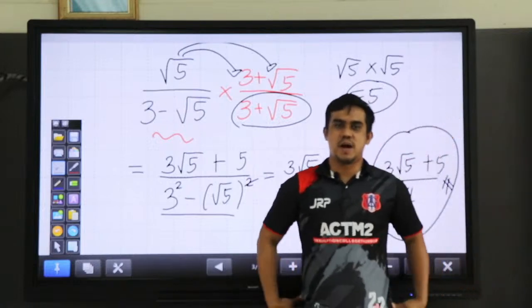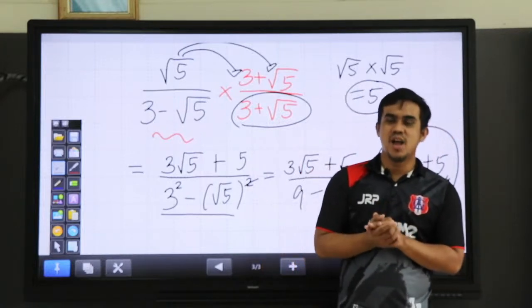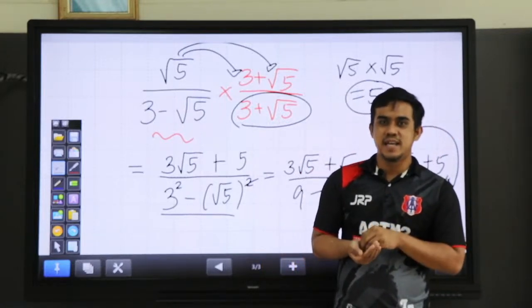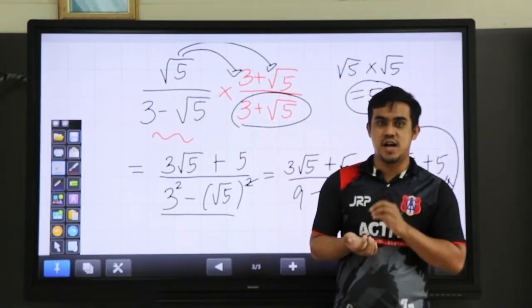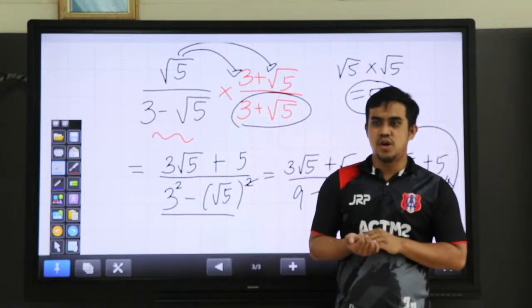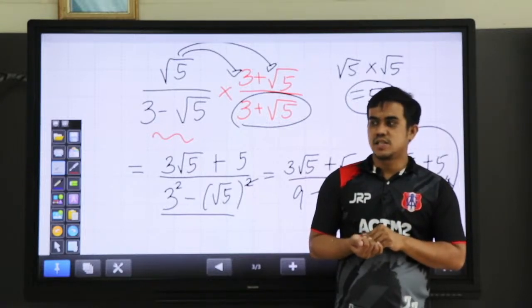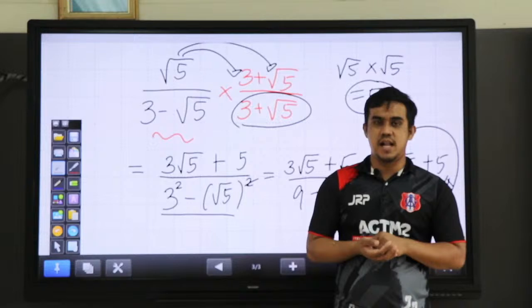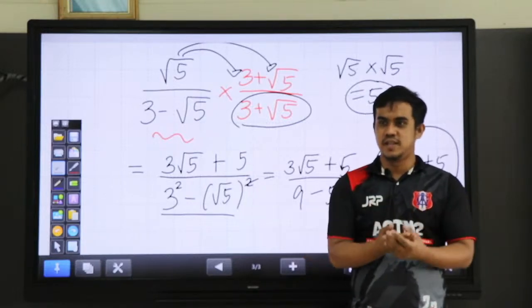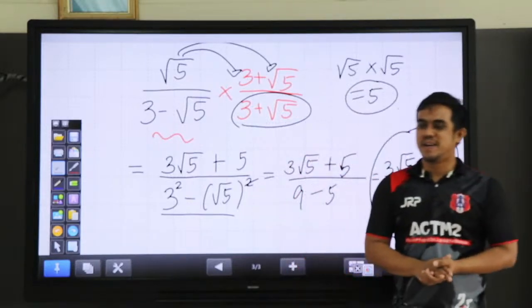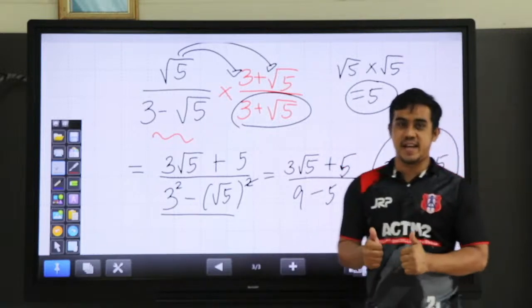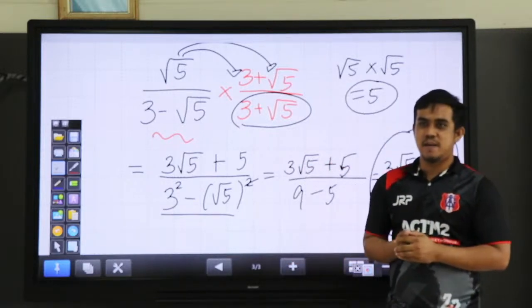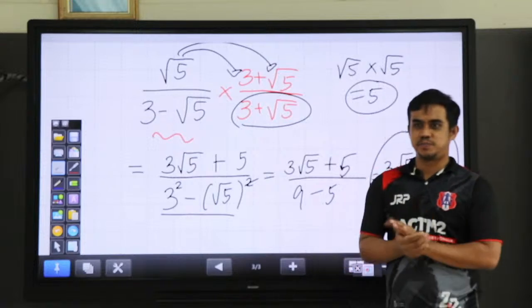Okay, number 1 question: what would you multiply square root of x by so that it becomes a rational number? Go.